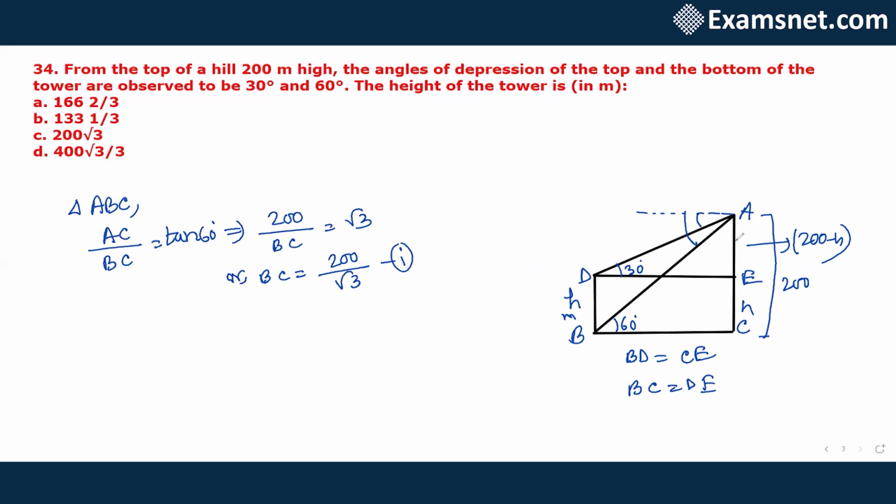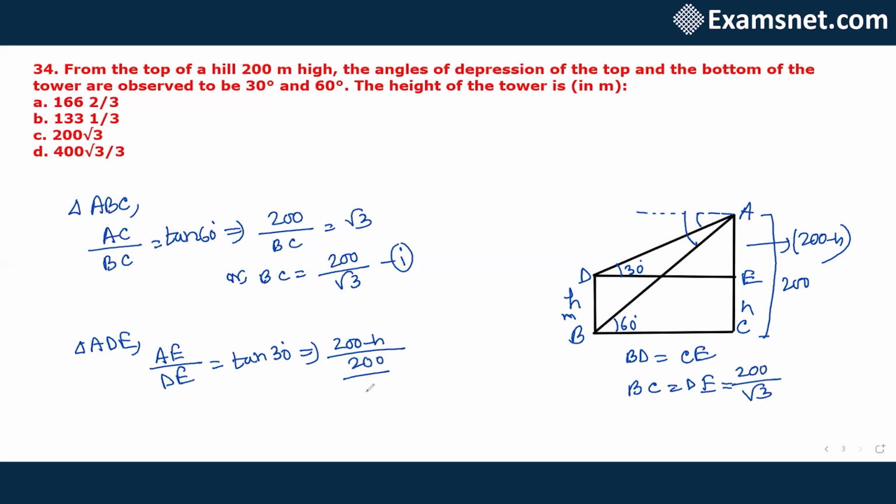Next, we will consider the triangle ADE. From ADE, we can write AE by DE equals tan 30°. Here AE is 200 minus h, and from 1 we got the value of BC, which equals DE as 200 by √3.